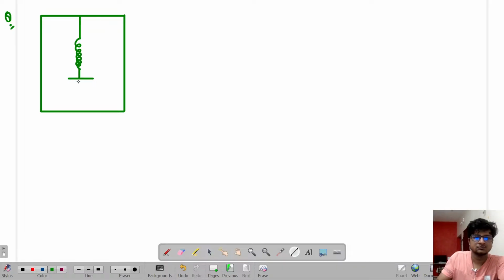Got it or not? Okay. This is basically a spring balance. Got it or not? Which will read the reading.